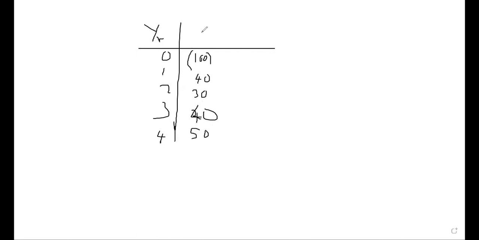So these are the actual cash flows. I'll go to the cumulative cash flows. I'll start with the 40 here, plus 30, which is 70 here, plus 40, I'll get 110, plus 50, I'll get 160.